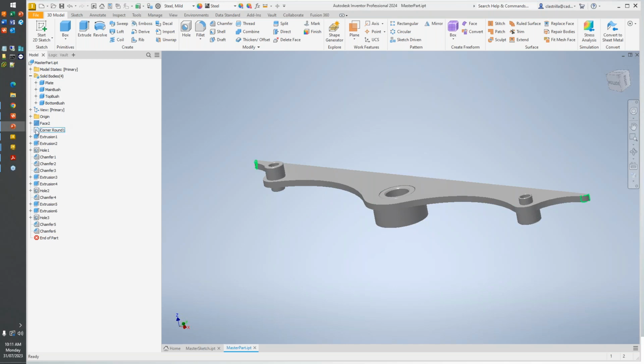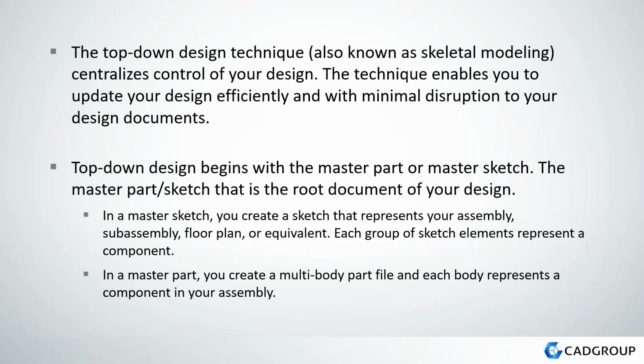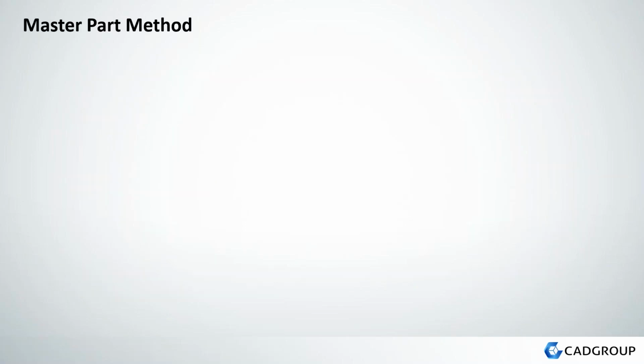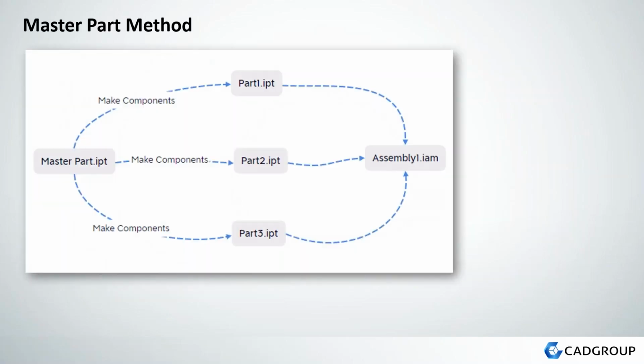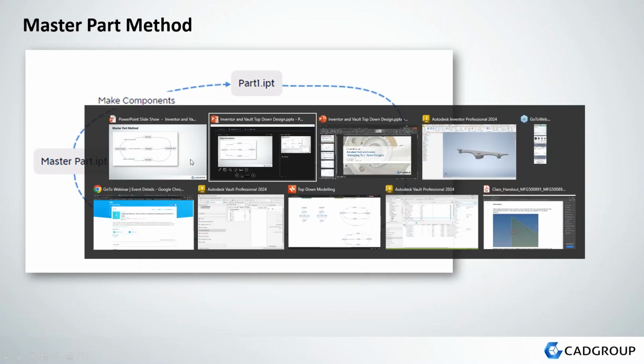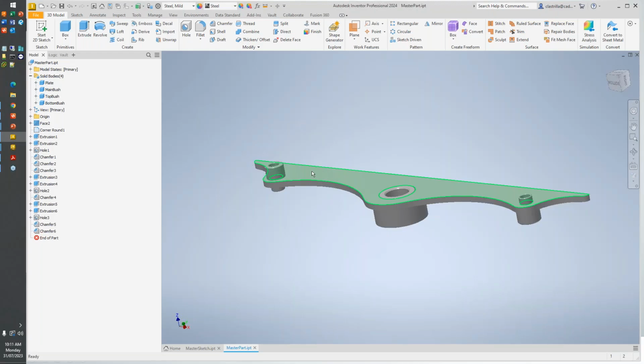Right, let's go back to the PowerPoint slide. Okay, so these are the two main topologies that we'll be looking at today. If we have a closer look at the master part method, I've just diagrammed it in this diagram over here. From a single master part, similar to what we had earlier in Inventor, it's a single part file with multiple solid bodies.